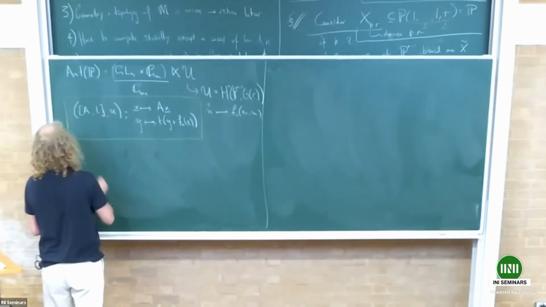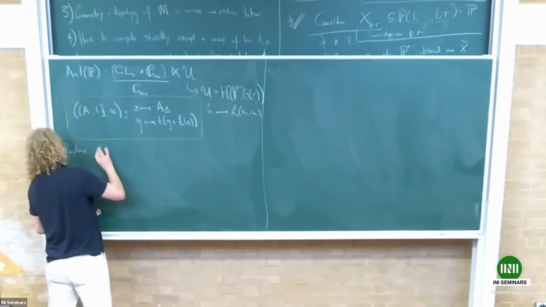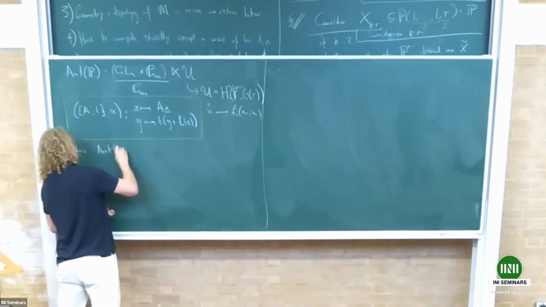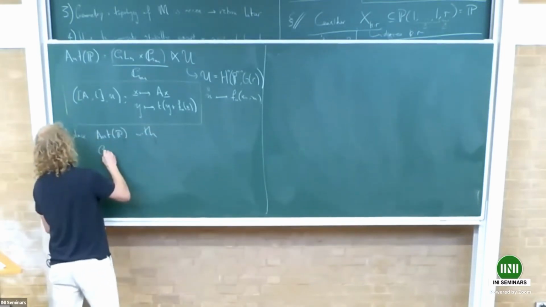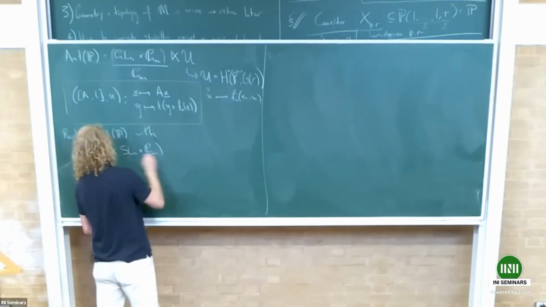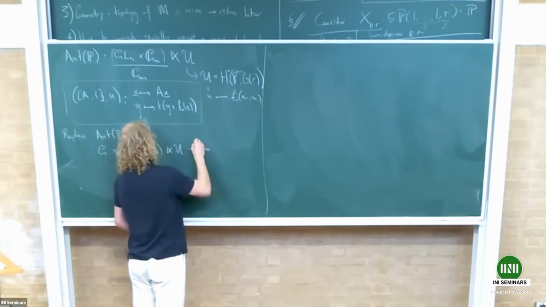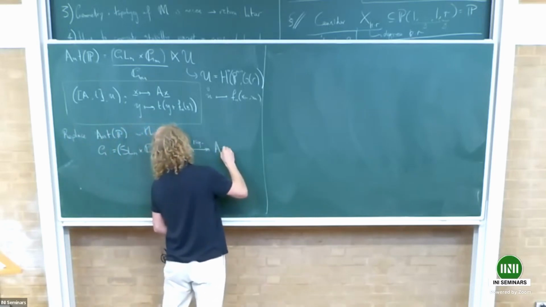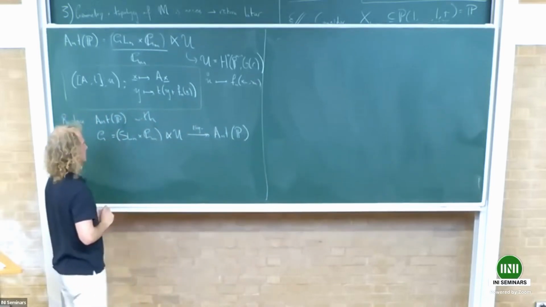But to make our life easier, we replace this with G, which is going to be SL_n times G_m times U, which as an isogeny maps onto P. This is a surjective map with finite kernel.